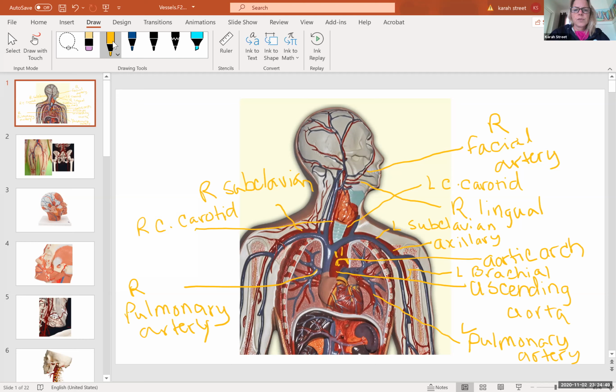There's one, there's two, there's three. Obviously, this is not the right picture of the correct model to show you those three branches because it's kind of a far view and we can't really see them and determine our anatomical landmarks. So tagging those three branches close to the aortic arch like that would not be a fair tag.